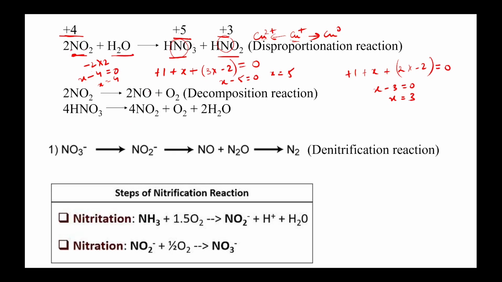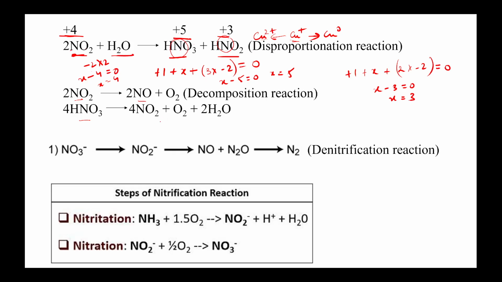In decomposition reaction, the molecule is basically decomposing down into further smaller molecules. So we have nitrogen dioxide, it gets decomposed into nitric oxide and oxygen, and nitric acid can get decomposed into nitrogen dioxide, oxygen and water.